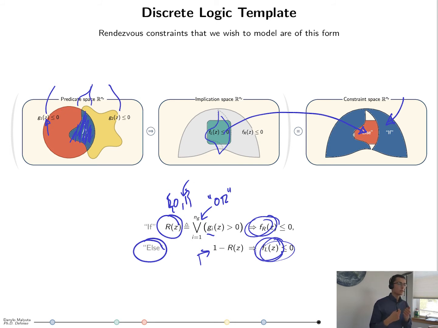So what the discrete logic did, you can think of it this way, is it basically chopped up these four sets in this case into non-convex disjoint sets where the decision variable has to live. Traditionally, these are non-convex disjoint sets.